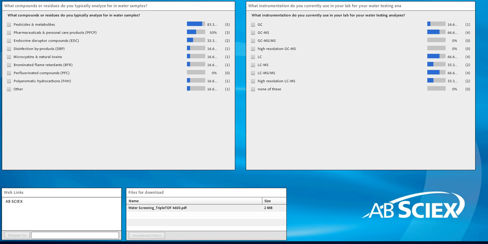Yeah, very interesting distribution. I'm not surprised to see that pesticides and pharmaceuticals and personal care products are the highest ranking topic. That is very, very typical. And then we have almost like one each for all the other different compounds being tested, which are very specialized laboratories and done here and there.